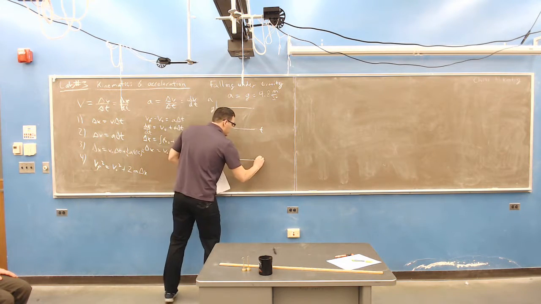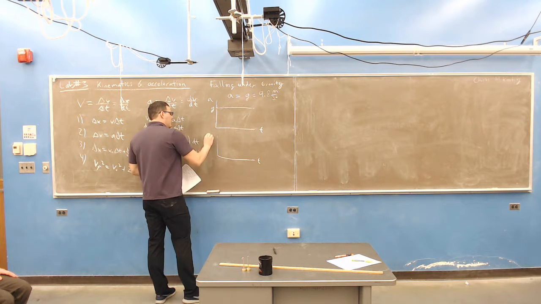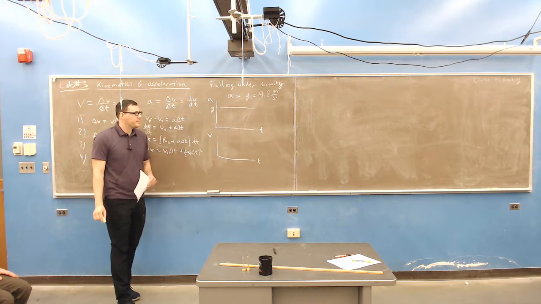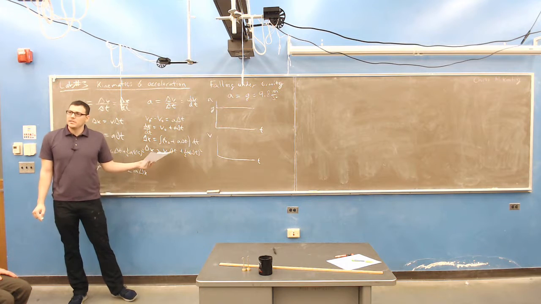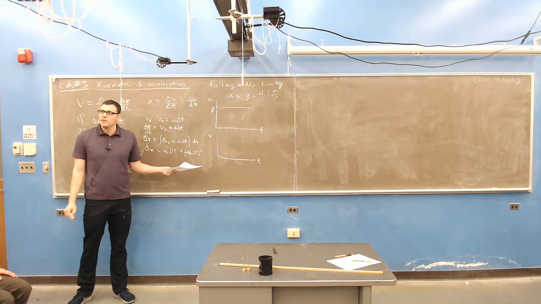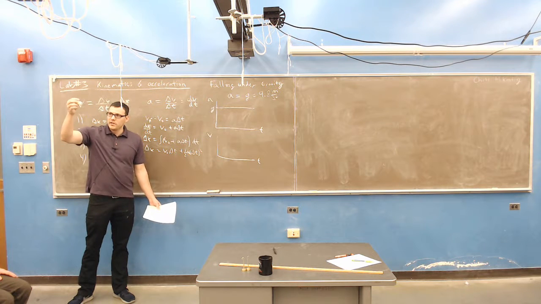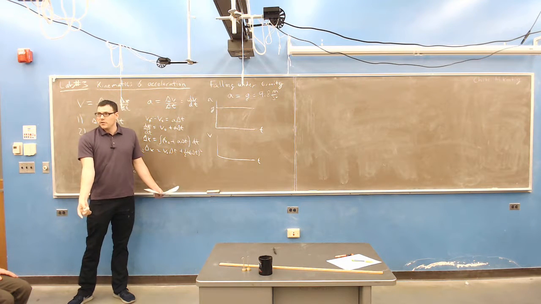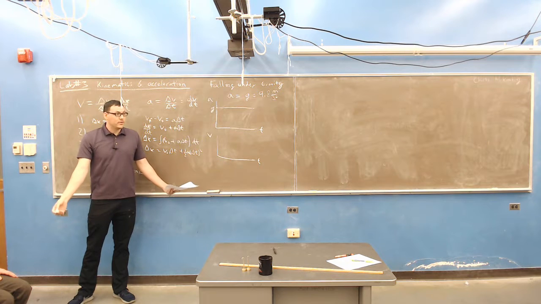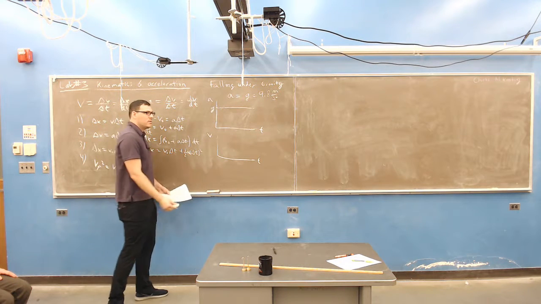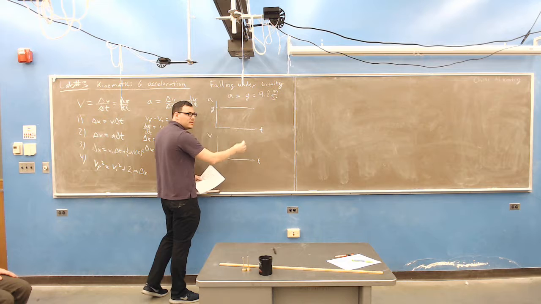Let's do velocity versus time. Now, is our velocity changing if we're falling? So if I drop this, it started out with 0 velocity, and when it was at the bottom, it had a velocity. So obviously the velocity has increased. It's a change. Which sort of shape do we get?